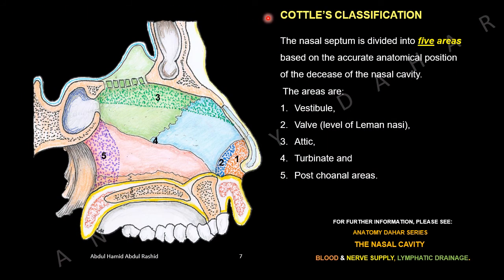Cottle's classification. The nasal septum is divided into 5 areas based on the accurate anatomical position of disease in the nasal cavity.